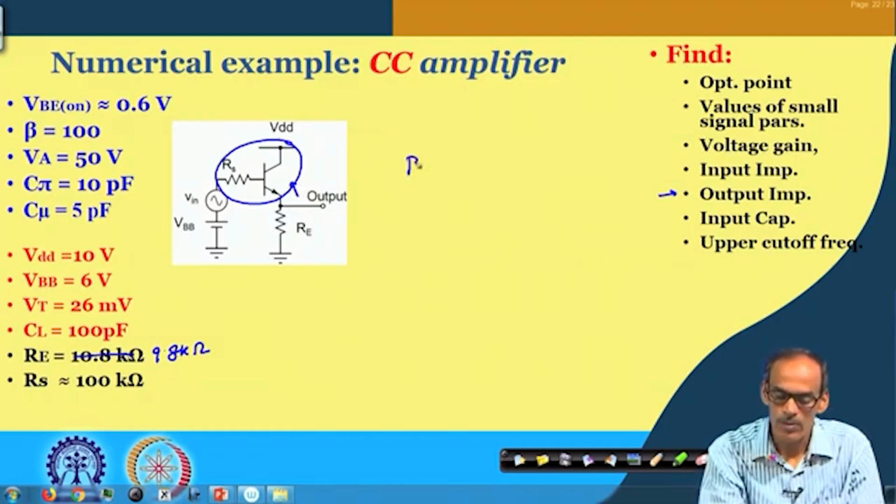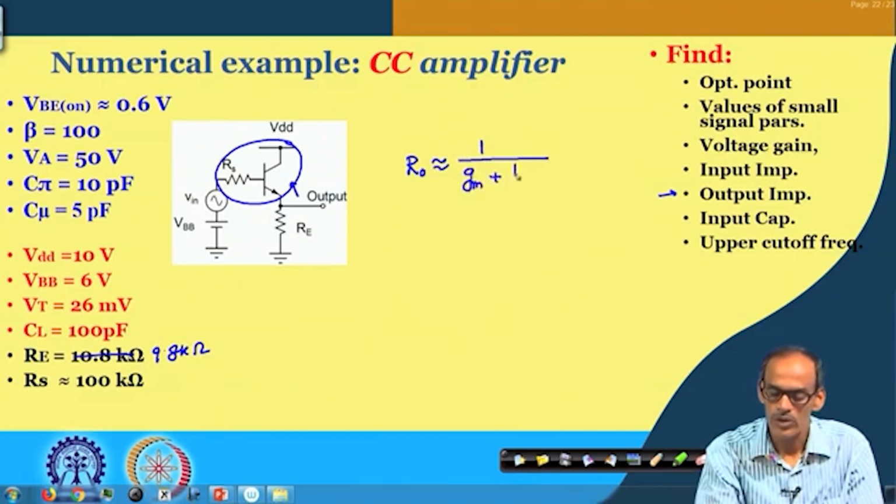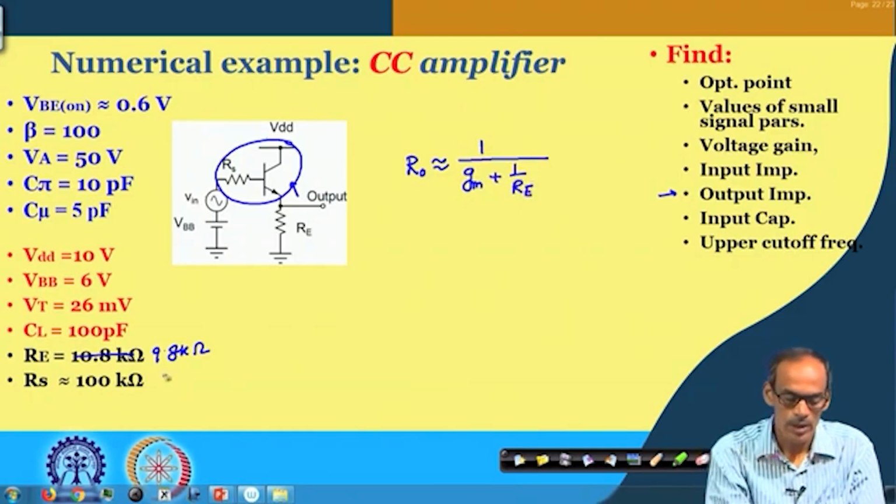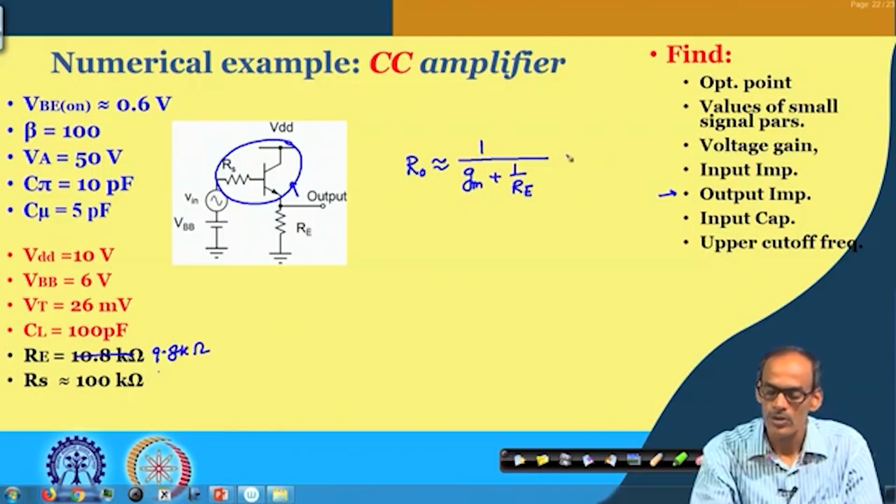So, R o is very close to 1 by G m, and then we also have this R e, and since R e is quite high compared to 1 by G m, this remains close to 1 by G m, which is 52 ohms.